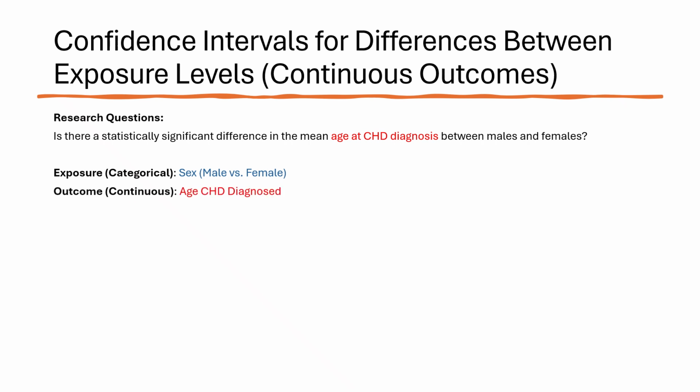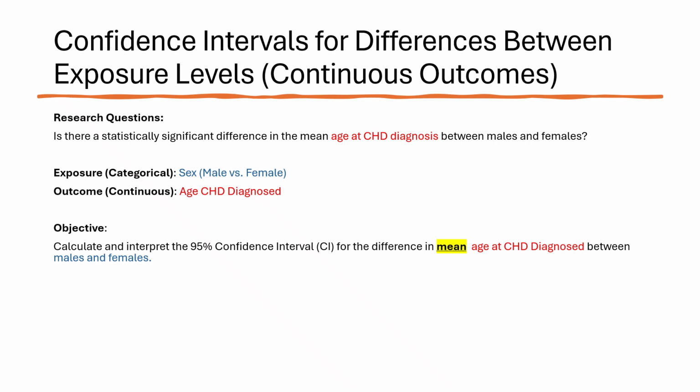But here, because our outcome of interest is continuous, our results will be continuous variables, like the mean age at which chronic heart disease is diagnosed for males versus females.